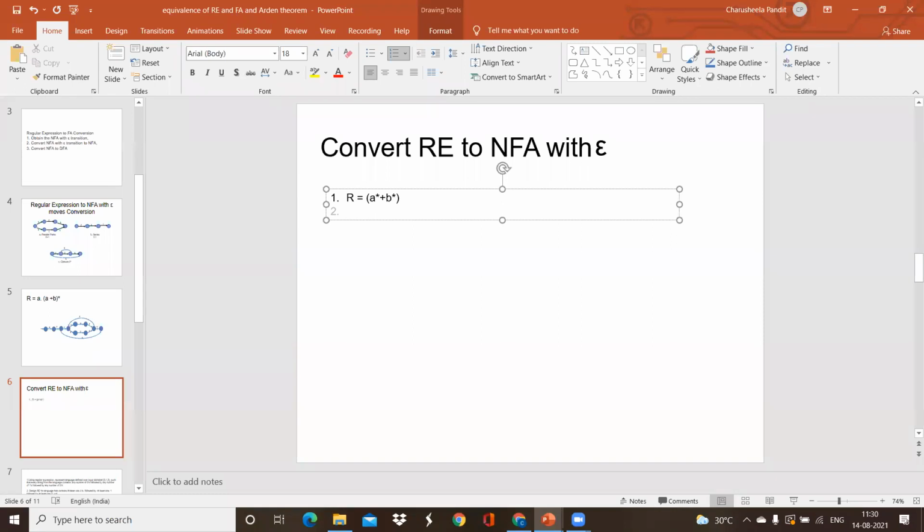Then the second regular expression. All these questions will be there in your exam. You'll get a regular expression and you'll need to draw the NFA for the same.